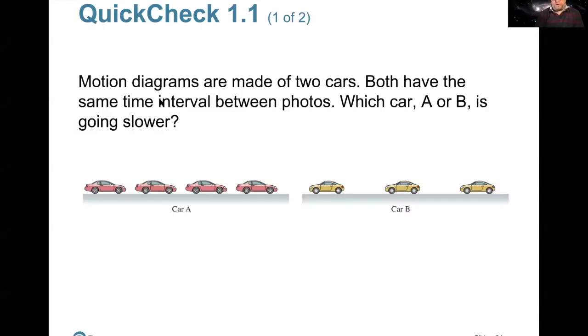So here for cars, we have a motion diagram, and we want to know what's going on in this picture. The motion diagrams are made for two cars. Both have the same time interval between photos. Which car, A or B, is going slower? Well, let's take a look here.